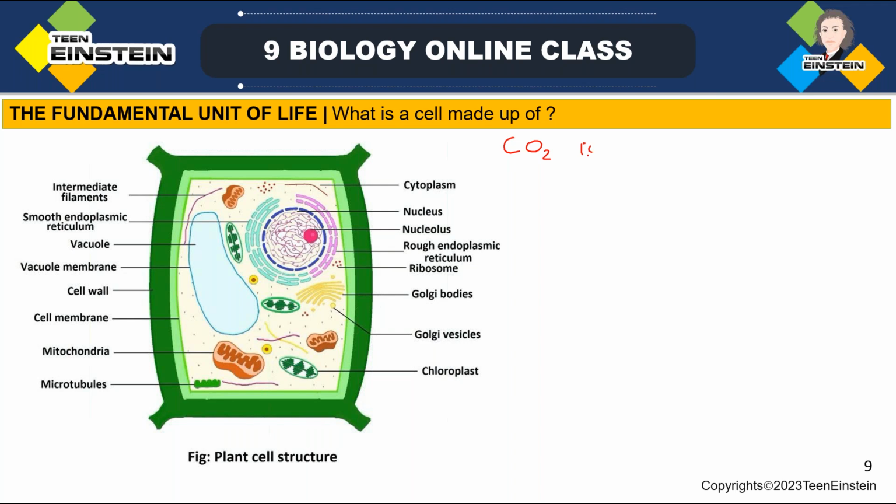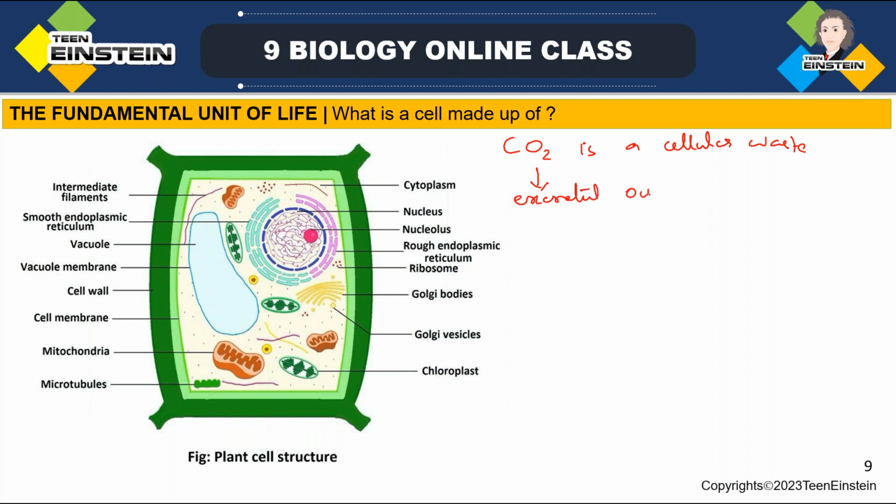Carbon dioxide is a cellular waste, or waste gas, which is produced inside the cell. So how to take it out? So this carbon dioxide should go out, or that should be excreted out by the cell.